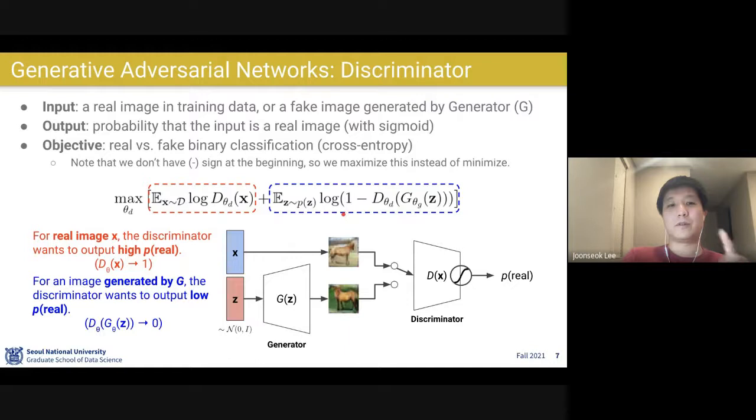So for this one, we want to output 0 because it's coming from the generator part, even though it looks really real. OK? So that is the goal of the discriminator, and the discriminator wants to maximize this score. Remember this. We're going to see the opposite in the generator side.